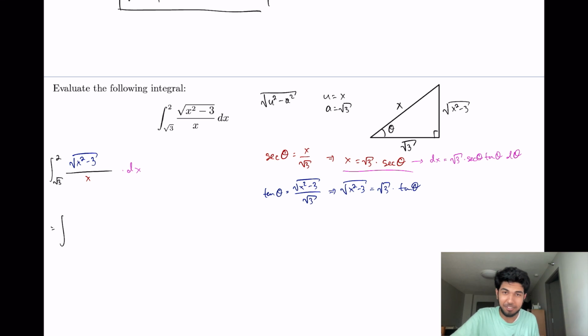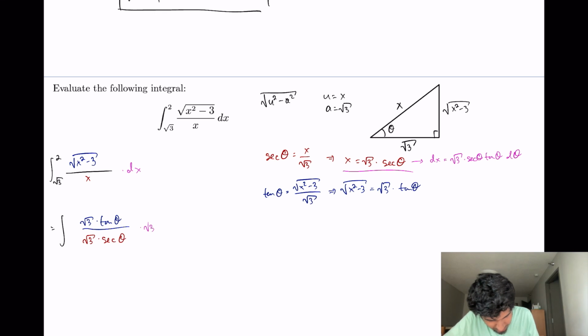I'm going to leave off the limits for now because we're changing into the world of theta. So the numerator now becomes the square root of 3 times tangent of theta. The denominator becomes square root of 3 times secant of theta. And dx becomes the square root of 3 times secant of theta times tangent of theta times d theta.